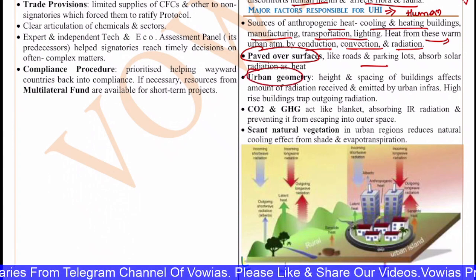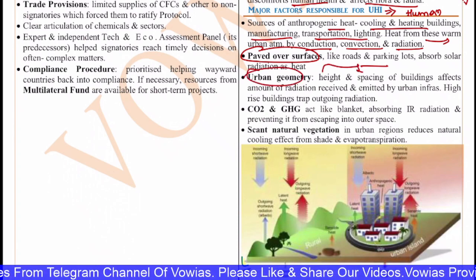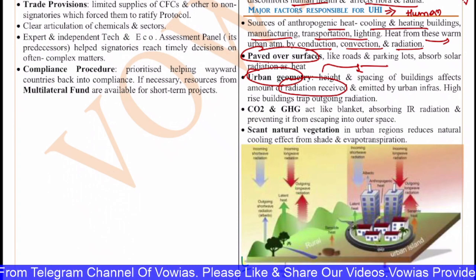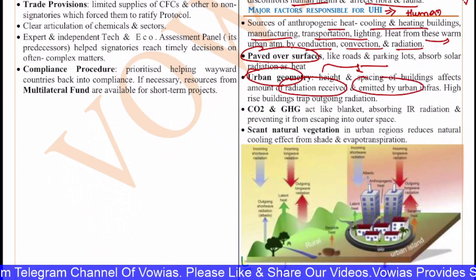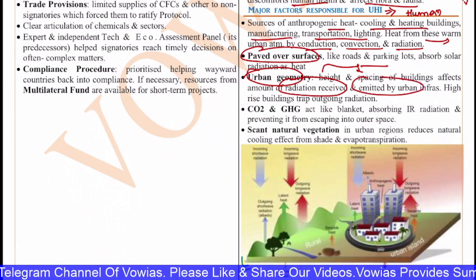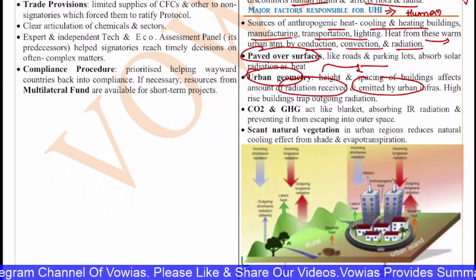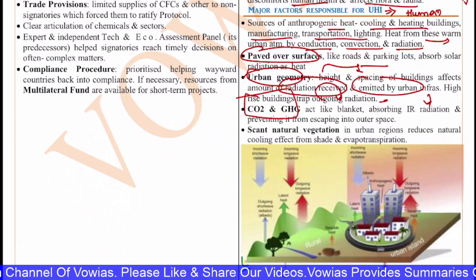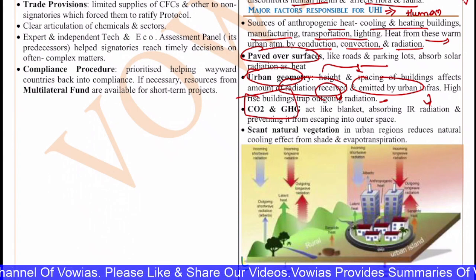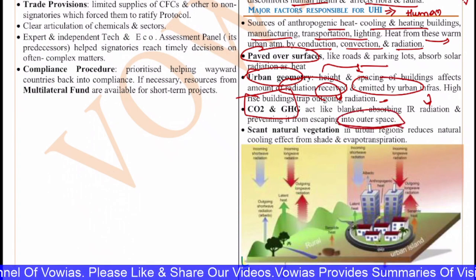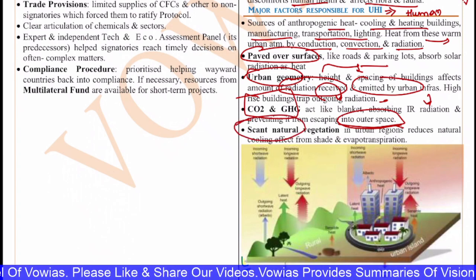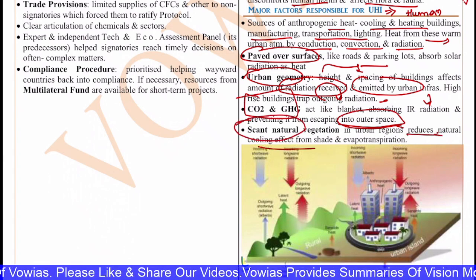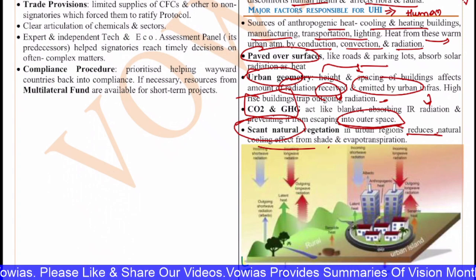Urban geometry, the height and spacing of the buildings, affects the amount of radiation received and emitted by the urban infrastructure; high-rise buildings trap the outgoing radiation. CO2 and greenhouse gases act as a blanket, absorbing the infrared radiation and preventing it from escaping into outer space. Scant natural vegetation in the urban areas reduces the natural cooling effect from shade and evapotranspiration.